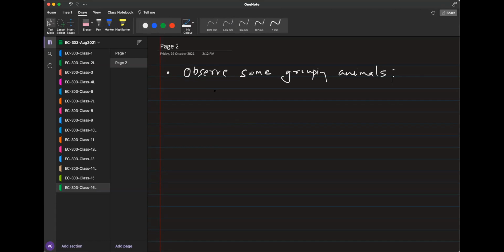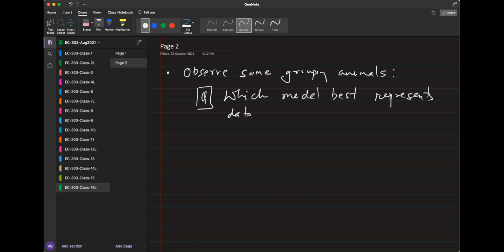Now let's ask the following question: which model best represents the data that you collected? This is a question we face if we have done all this modeling work.